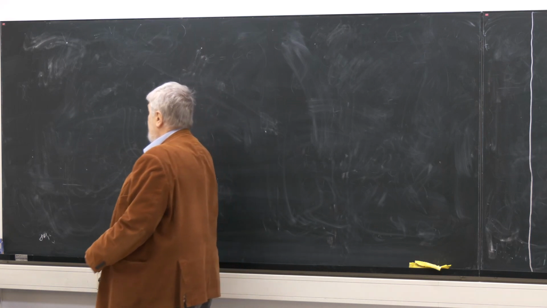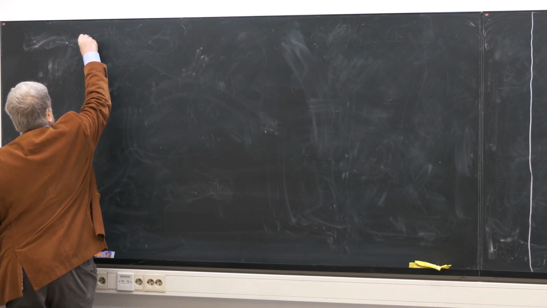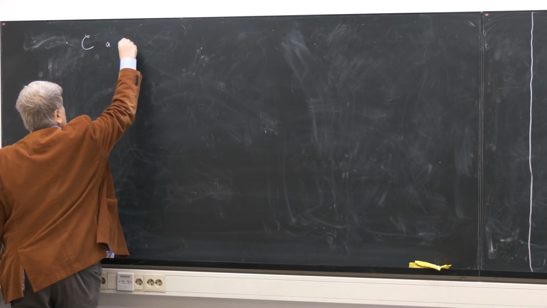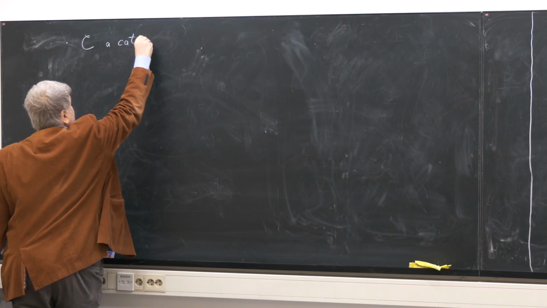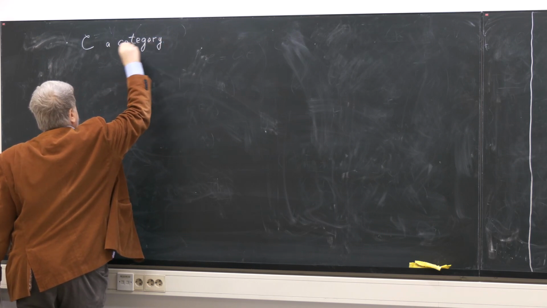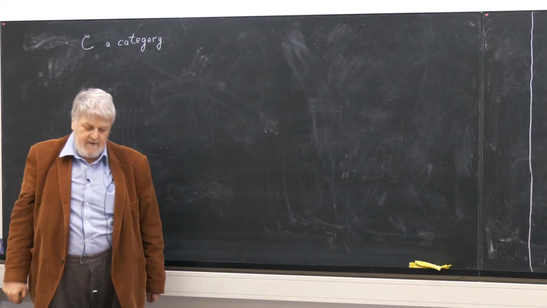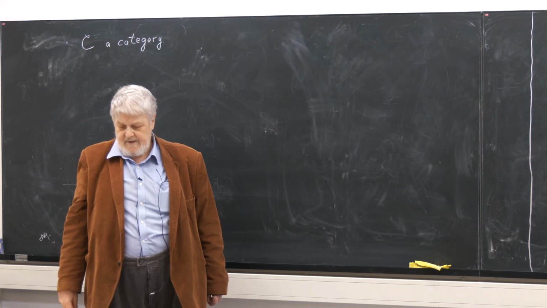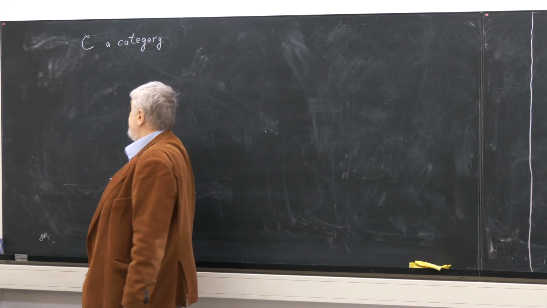To begin with, we start with an arbitrary category C, and there is no other way than to fix in words that it is a category. So we are going to use the calligraphic C, usually just for an arbitrary category without any additional assumption.